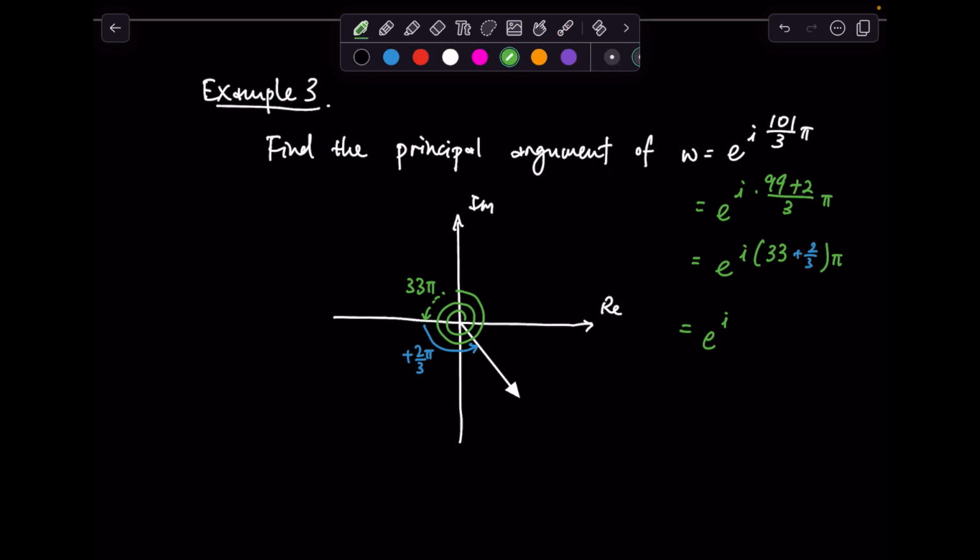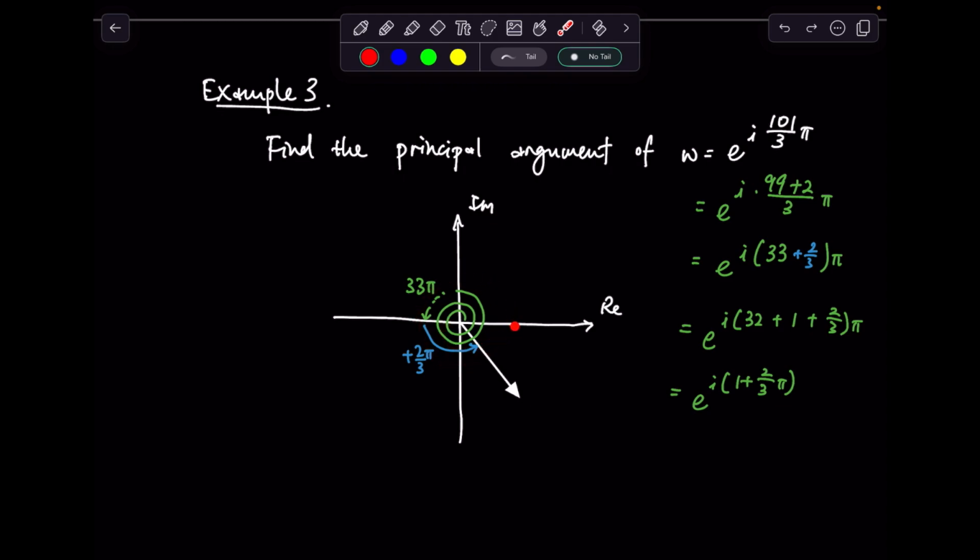This is the same as saying I have 32 plus 1 plus 2/3 pi. This is the same as e to the i times 1 plus 2/3 pi. This describes the same complex number because I don't really care about the whole 32 pi's. The 32 pi's basically tell me 1 pi, 2 pi, argument of 0 again.